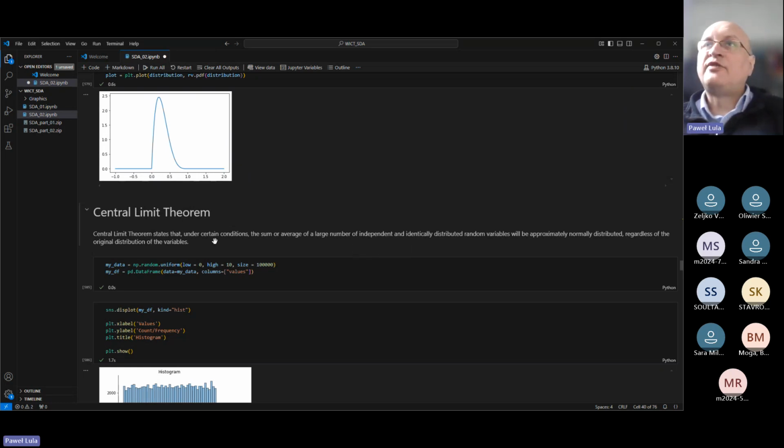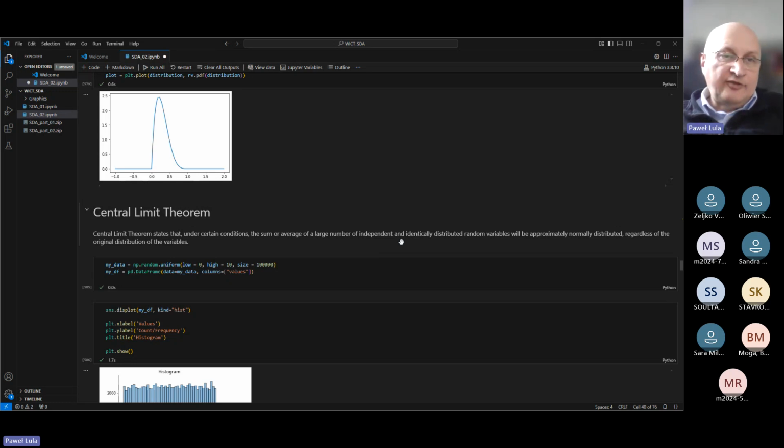We have a data set, and the distribution of the data in our data set is not important. In our example, we have data taken from a uniform distribution, but we can generate them from any distribution. It is not important.